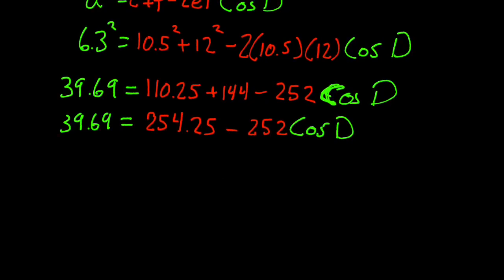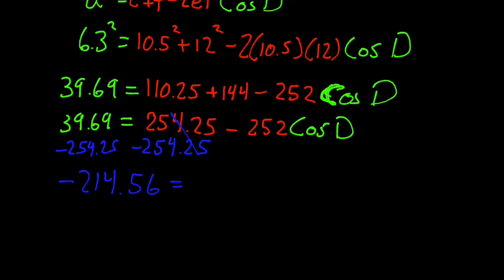Let's do it in blue. Minus 254.25 minus 254.25. And what do we get? 39.69 minus 254.25. And we get negative 214.56 equals negative 252 times the cosine of D. Alright, we're getting closer.